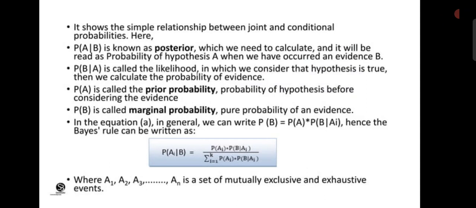Hence, the Bayes rule can be written as P(Ai|B) = P(Ai) P(B|Ai) / Σ (k=1 to n) P(Ak) P(B|Ak), where A1, A2, A3, and so on up to An is a set of mutually exclusive and exhaustive events.